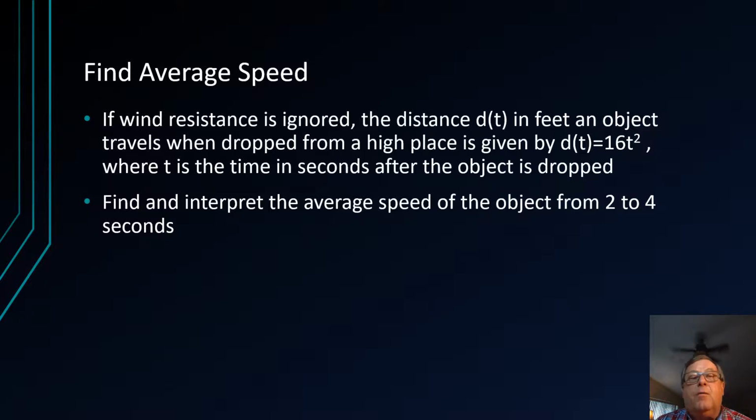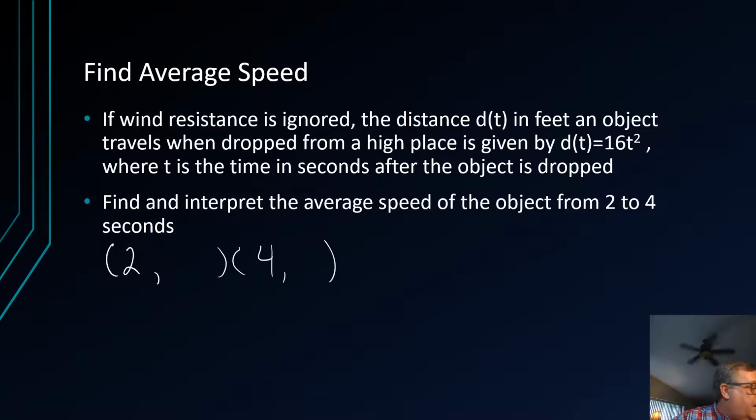seconds. Now we're going to work this just like we did the previous, and we're going to do this algebraically. We could graph it, but it's just as easy to do it algebraically. What we're given here is 2 to 4 seconds, which is actually our x values, what we might typically interpret as x values. So we got 2 and we got 4.